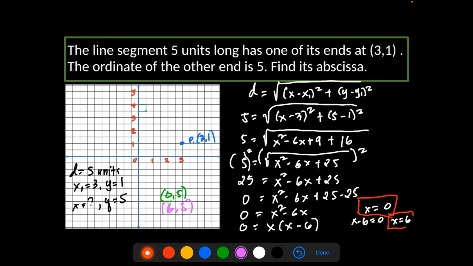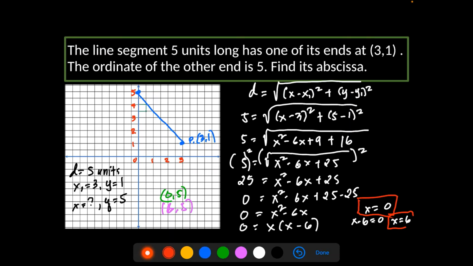If we plot the point (0, 5), it's here. So this could be the line that is 5 units away from point 1. Alright, and the other one is (6, 5), so we need to add here.